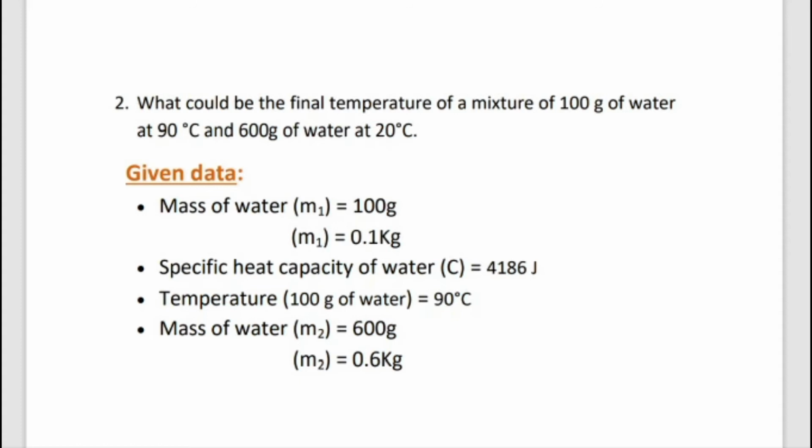We know the specific heat capacity of water C is equal to 4186 joules. The temperature of the 100 gram of water is 90 degrees Celsius. Mass of water M2 is equal to 600 gram. M2 is equal to 0.6 kilogram.